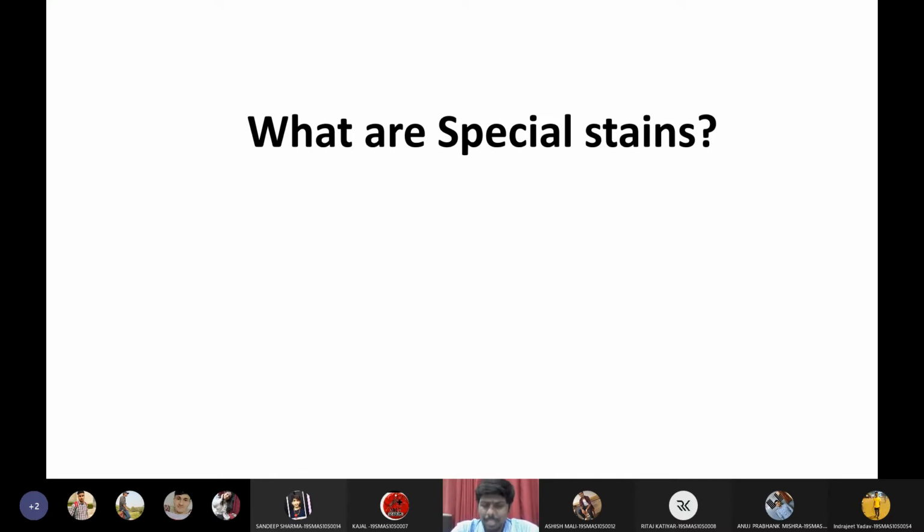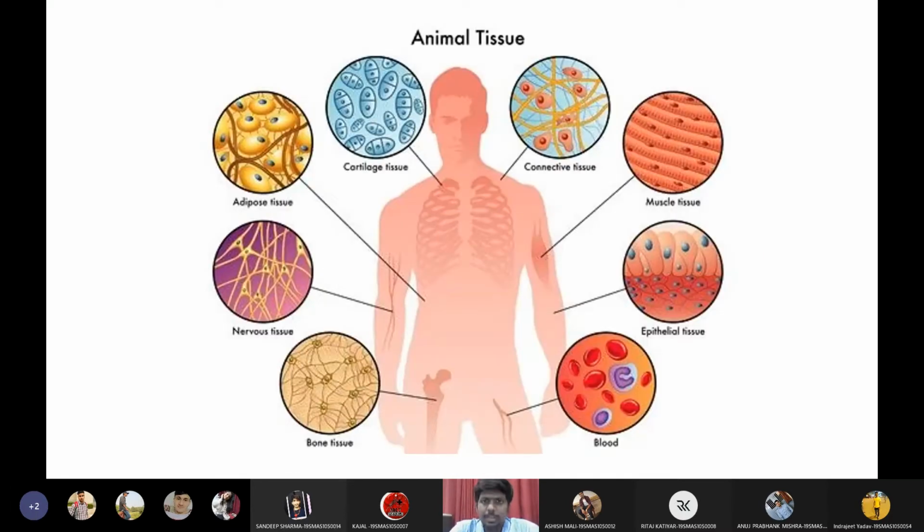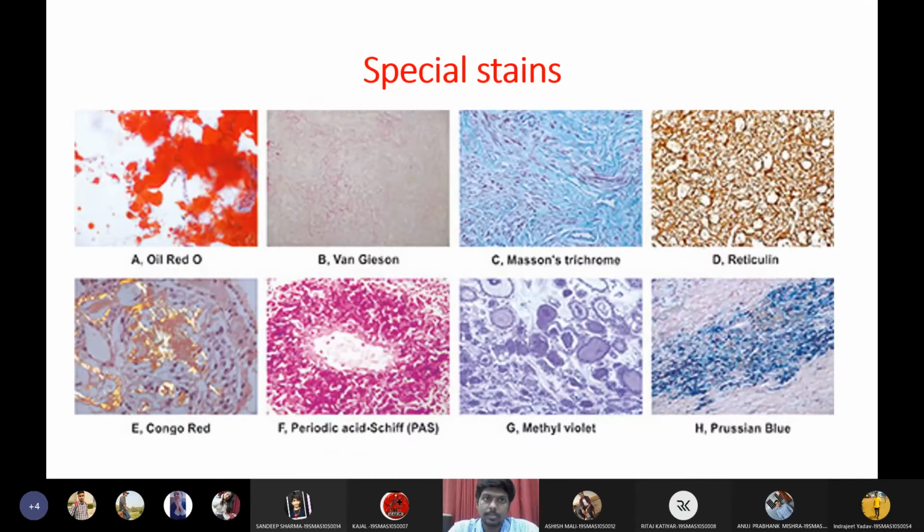Similarly, we have many special stains. We have multiple cells and tissues in our body, and we can prepare special stains to visualize a target tissue in the body. Such stains are called special stains. For example, we have Congo red stain, Van Gieson stain, Masson's trichrome stain, reticulin stain, oil red O stain, periodic acid Schiff or PAS stain, and Alcian blue stain.